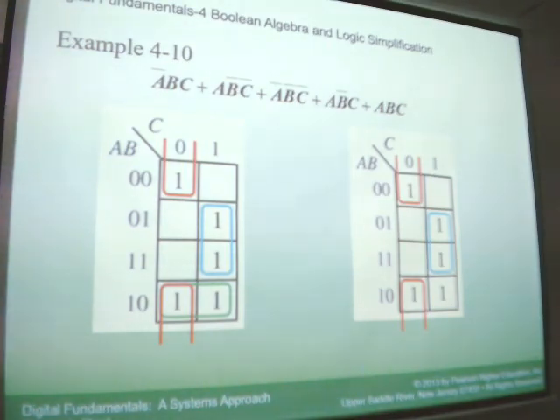The difference is the one in the right down corner cell. This one can be grouped into this group, or can be grouped into that group.